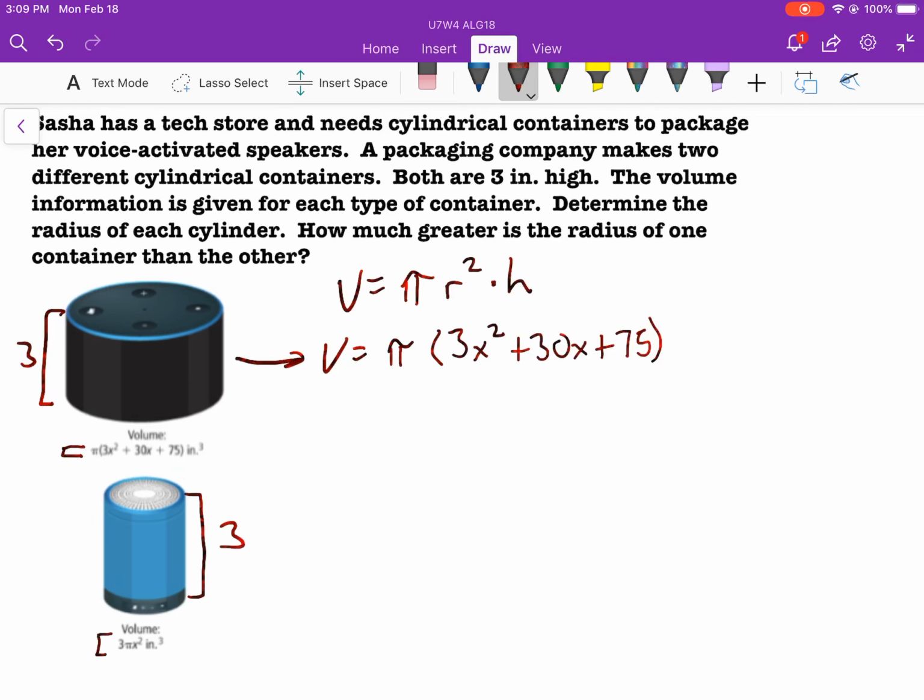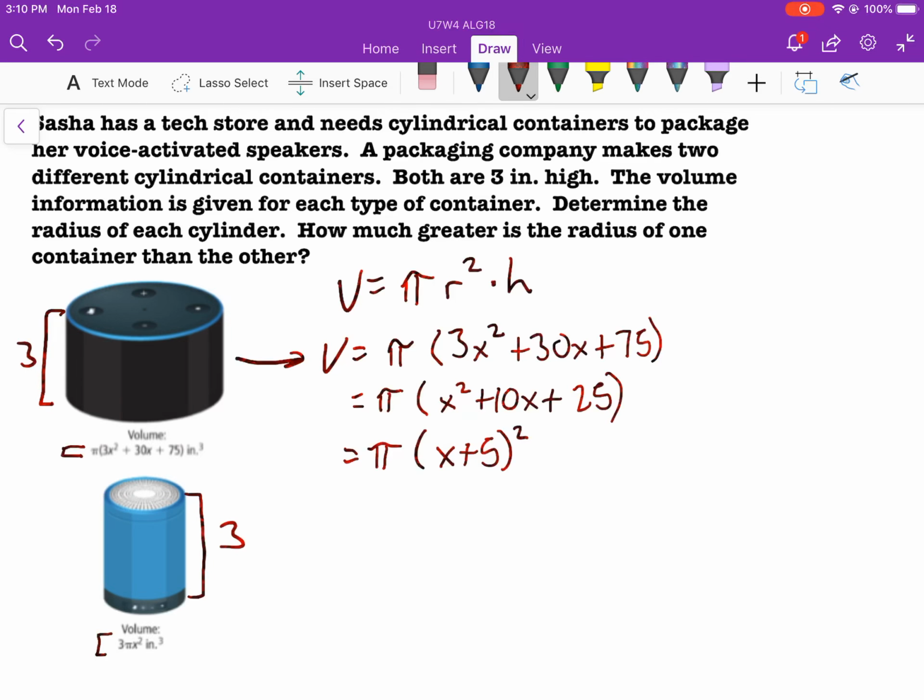And we know that the height is 3, so we can divide everything by 3. We know that it was multiplied. So pi times r squared is equal to x squared plus 10x plus 25. Then we just have to factor that. So it is equal to x plus 5 squared.